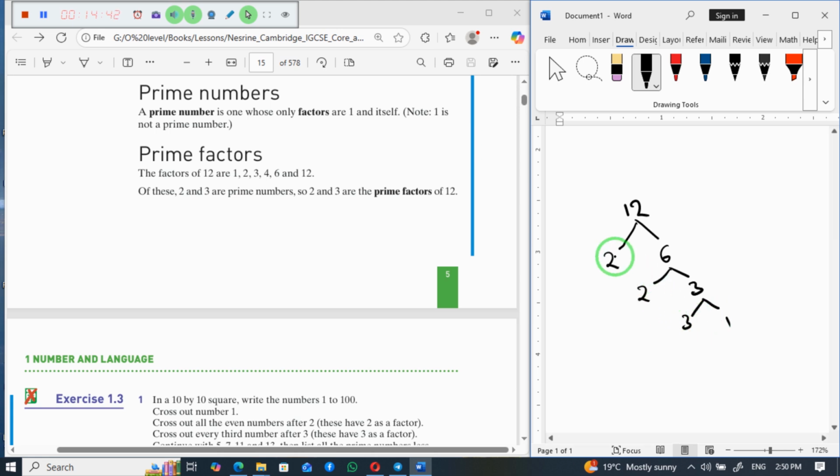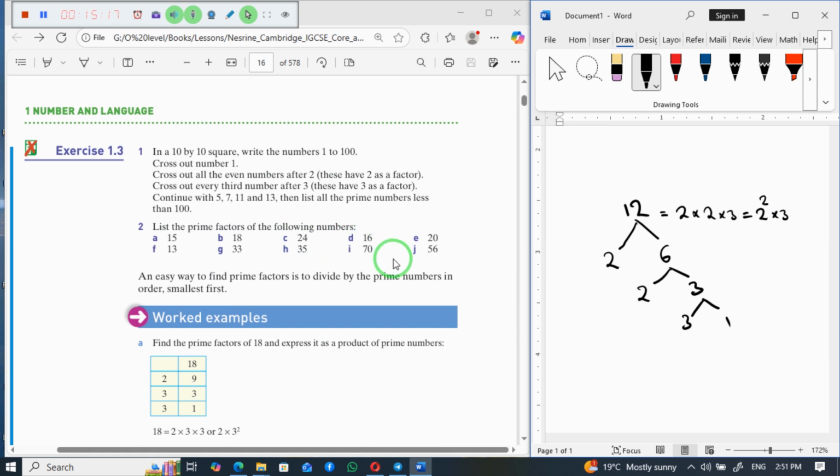So these numbers are the prime factors of 12. We can write 2 multiplied by 2 multiplied by 3, or as a power, 2 squared multiplied by 3. This is the prime factorization of 12.